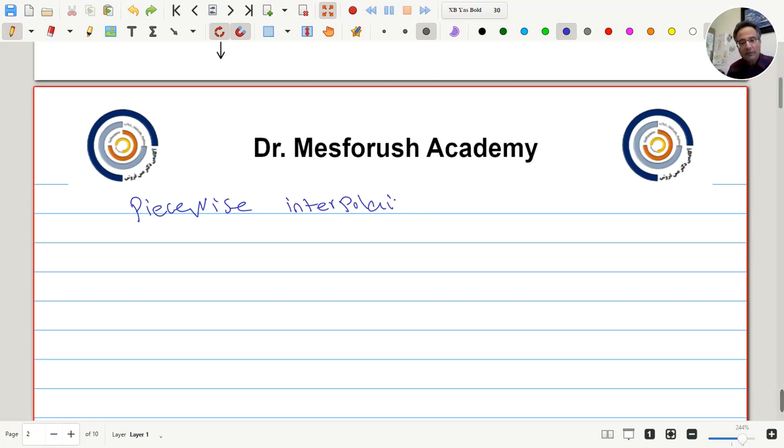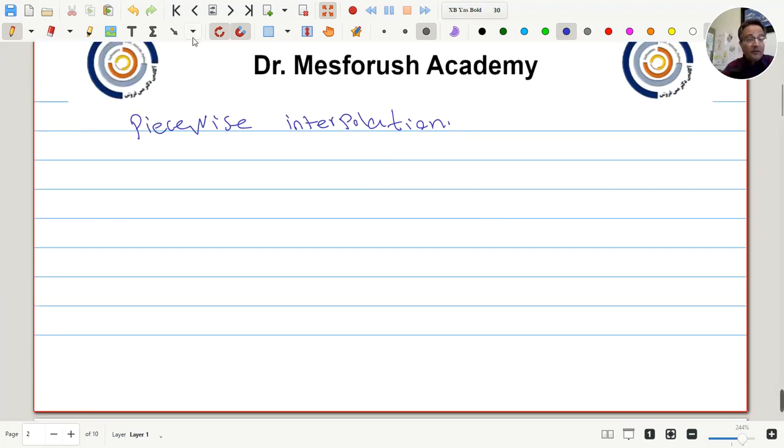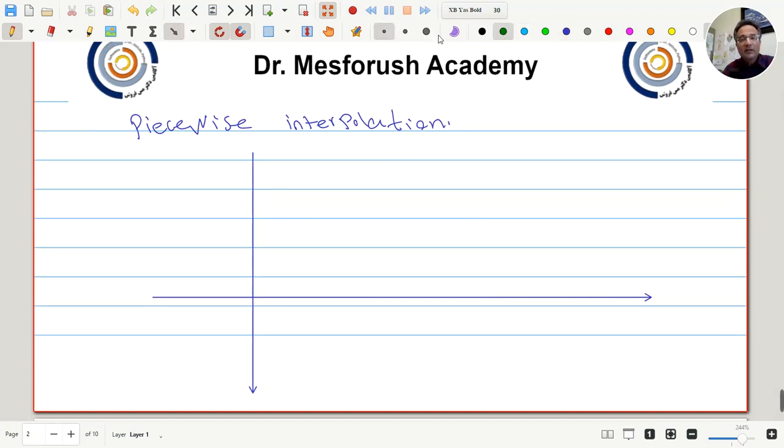What is a piecewise interpolation? We have, for example, a function like f of x, like this.